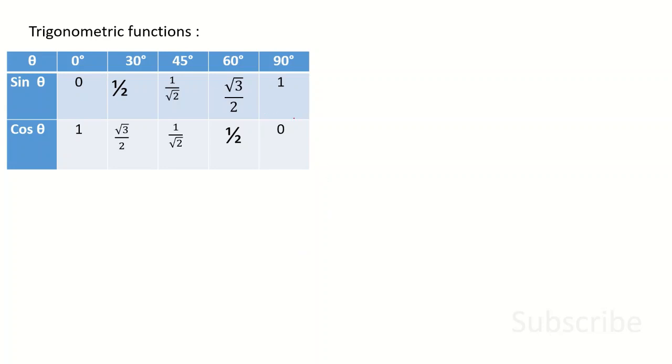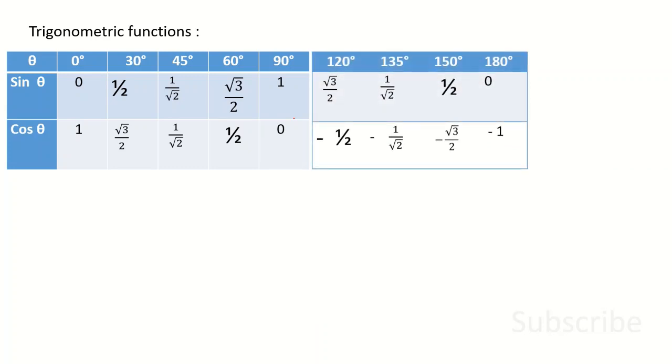But this amount of data alone is not sufficient to draw a complete sine or cos function graph. So I am going to present you with another set of data that will let us draw the second half of the graph, with which we can draw the continuous sine theta or cosine theta graph.